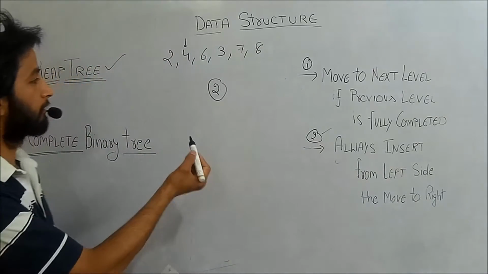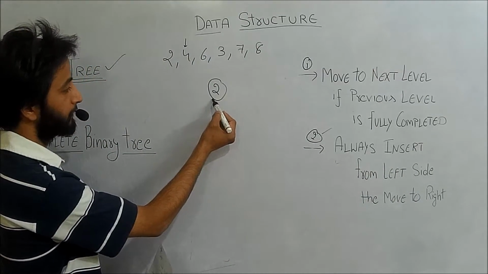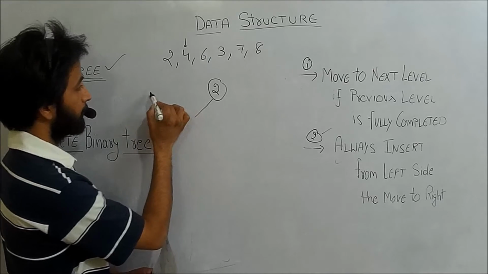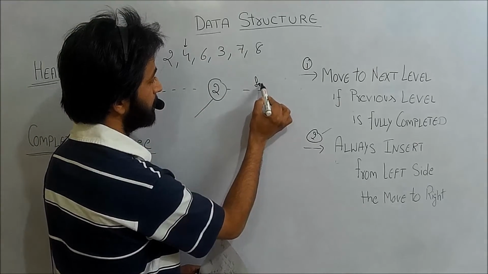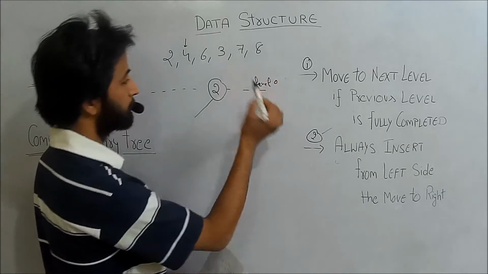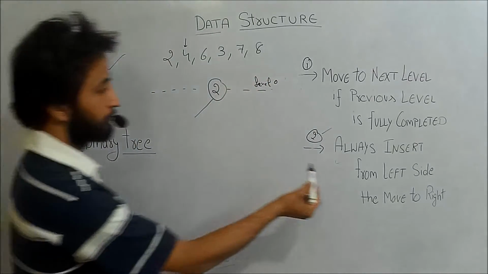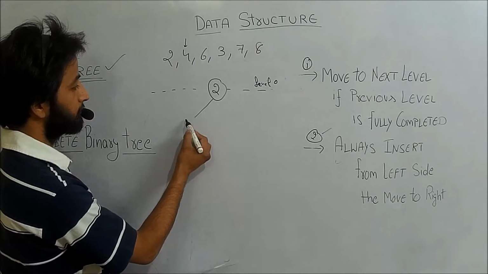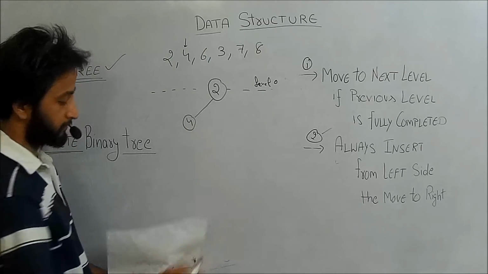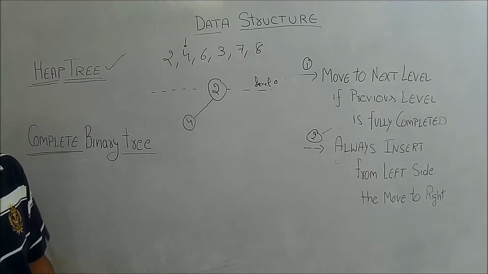Before going to the root, I have to specify the level, so we can say that this one is level 0. So left side is this, so 4 will be inserted at this side.